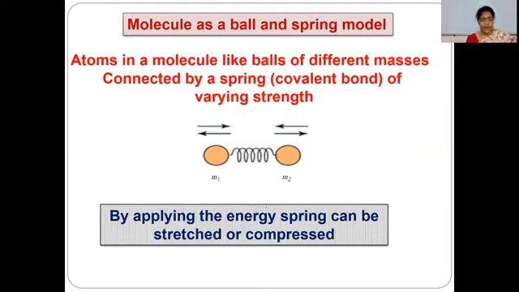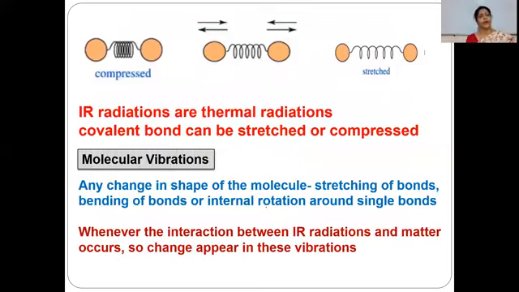When we apply energy to the spring, the spring can be stretched, compressed or bent. In the same way, since a spring and ball model is similar to the molecule, in which atoms are connected by a covalent bond which is like a spring.